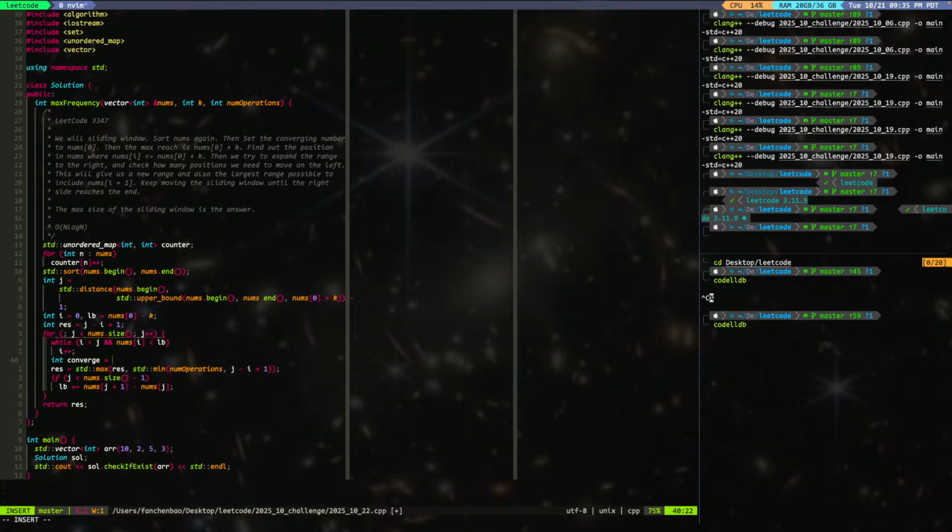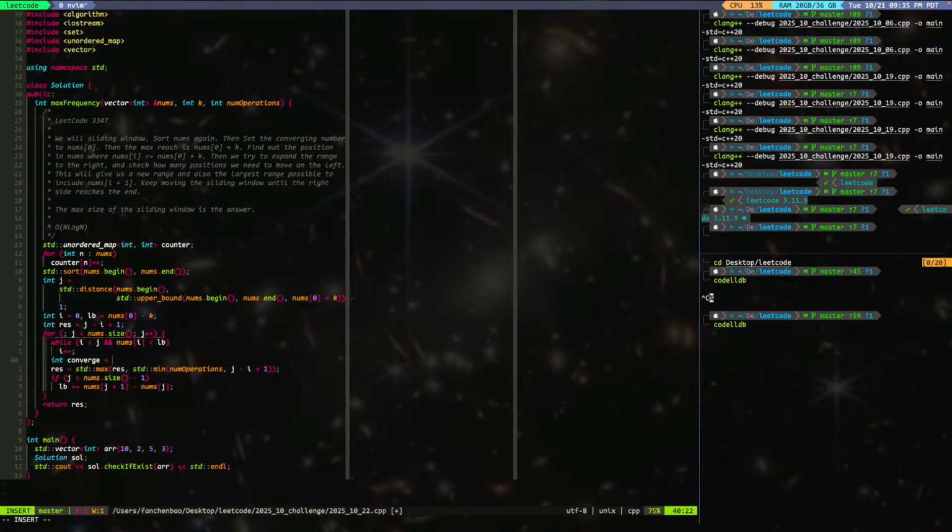So what we want to find is the maximum count within this range, such that the maximum count can be the conversion number, and it can be spared of operation. We can operate on anybody else, but we don't have to operate on this one.